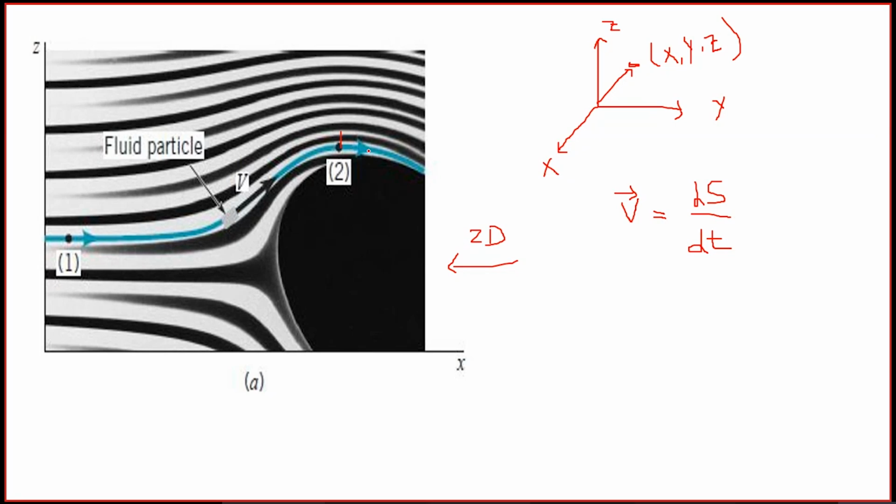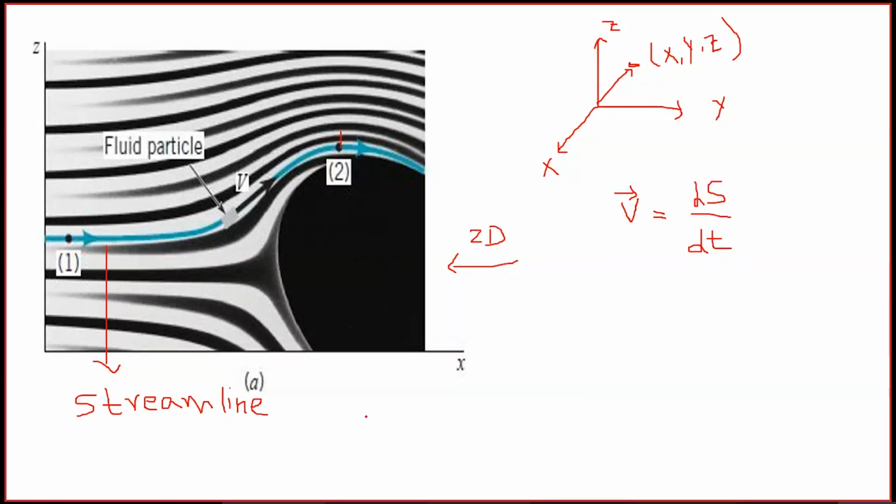In a steady flow, the path followed by a fluid particle is called a streamline. On your screen, the blue line is representing a streamline. Is it clear? Yes, sir. The lines that are tangent to the velocity vectors are called streamlines for a steady flow.